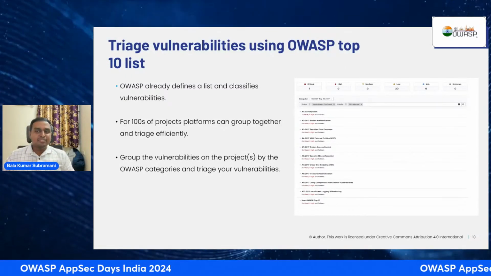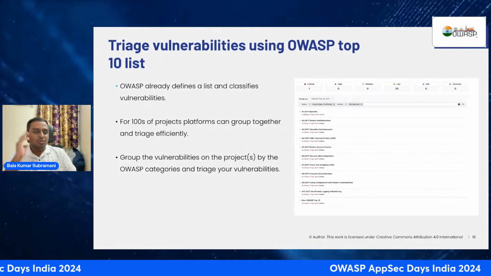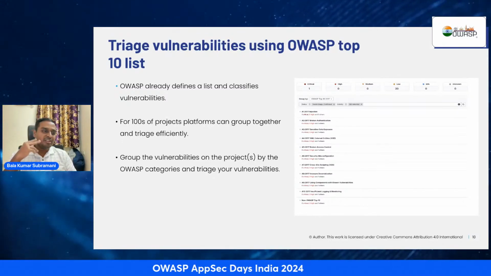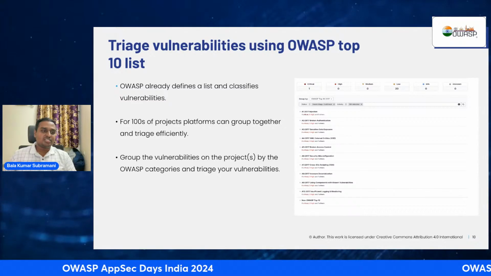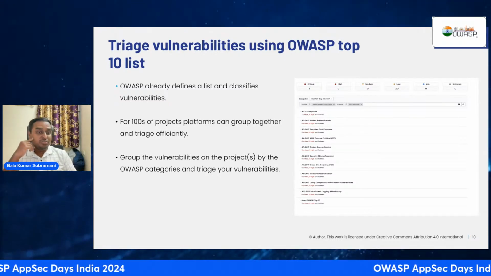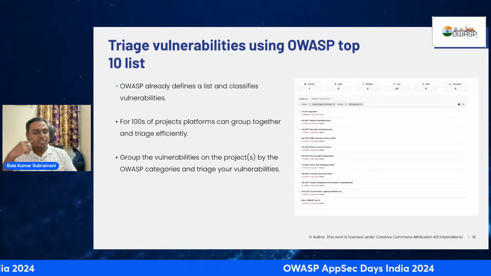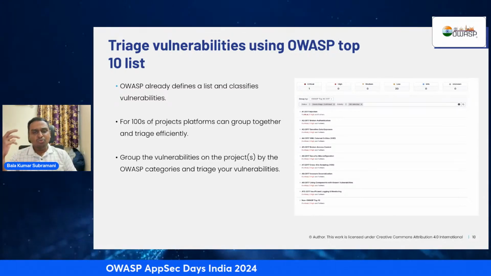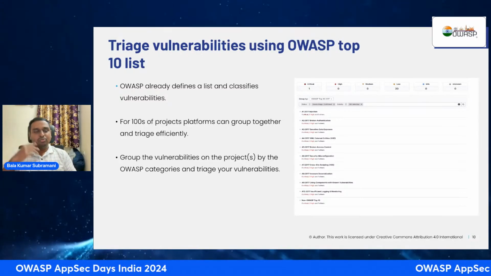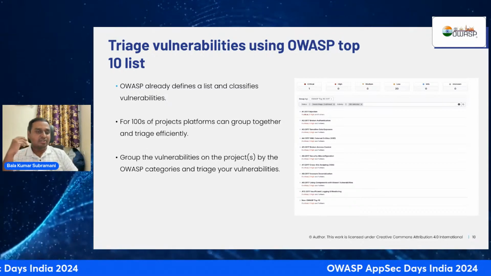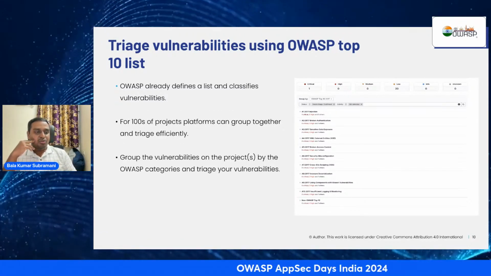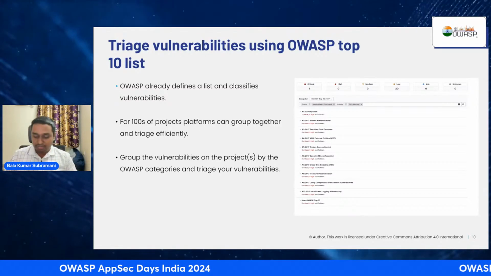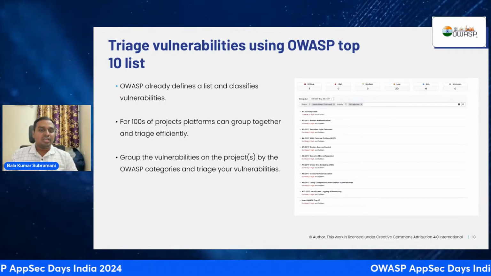Now, once that happens, how do we do this for a lot of projects? Because in development groups, there will typically be hundreds of projects, or in an org, there will be thousands of projects. For each of these projects, if many vulnerabilities are being reported, how do we take action, or how will someone in the leadership org know the amount of vulnerabilities being detected in the source code?